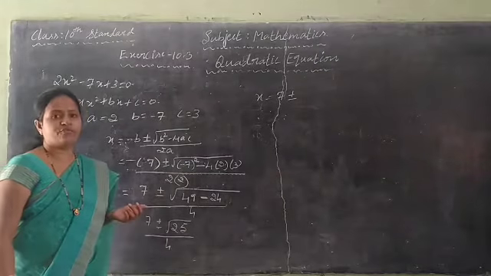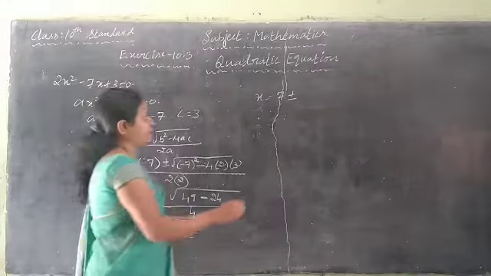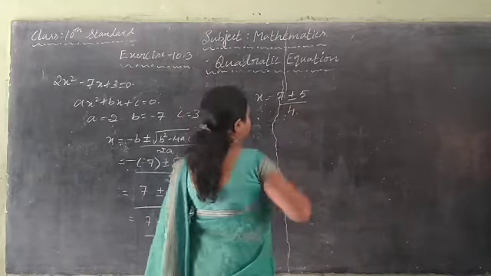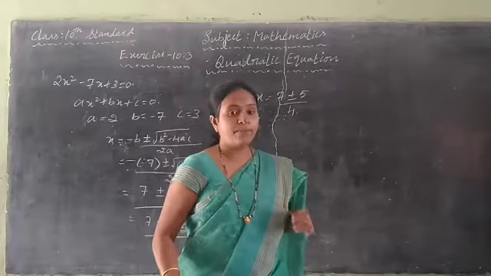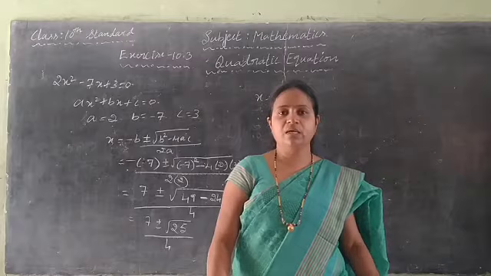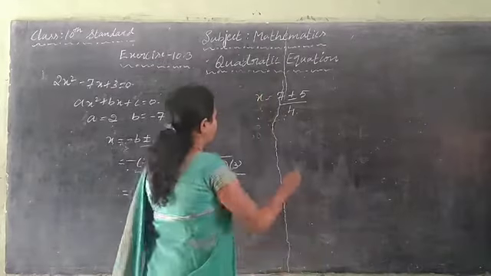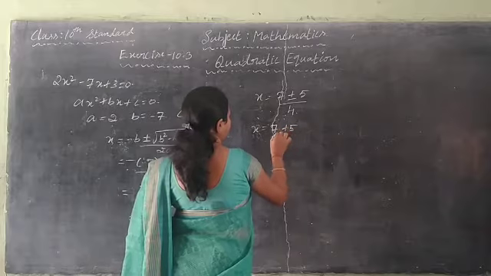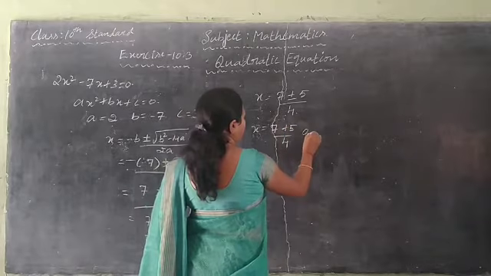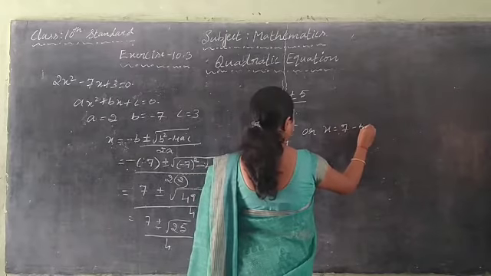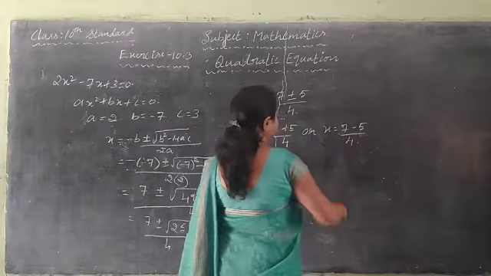The square root of 25 is 5, so we got 7 plus or minus 5 divided by 4. Now split the plus or minus: x is equal to 7 plus 5 by 4 or x is equal to 7 minus 5 by 4.